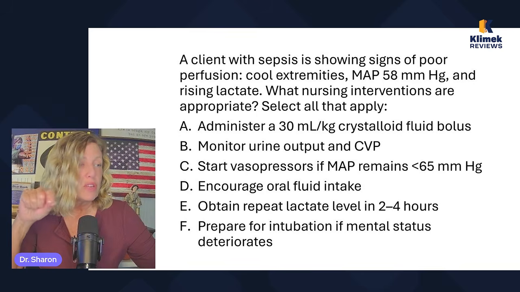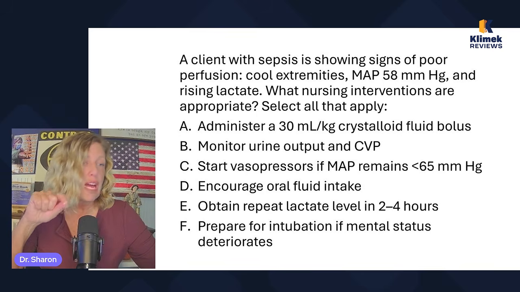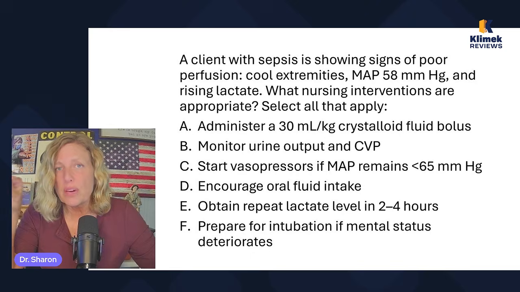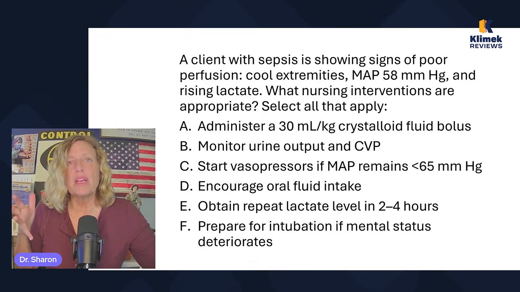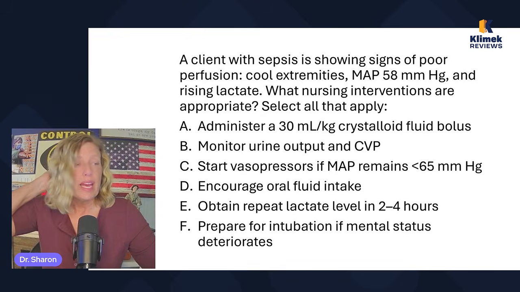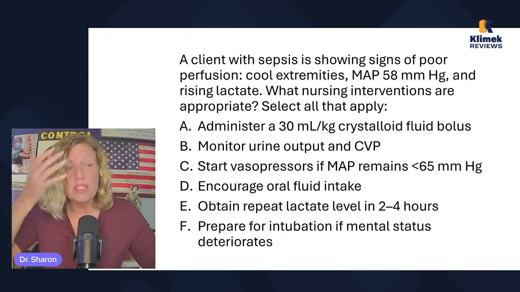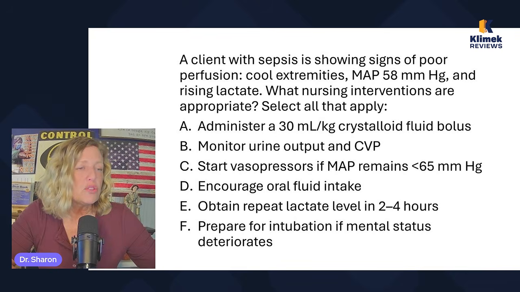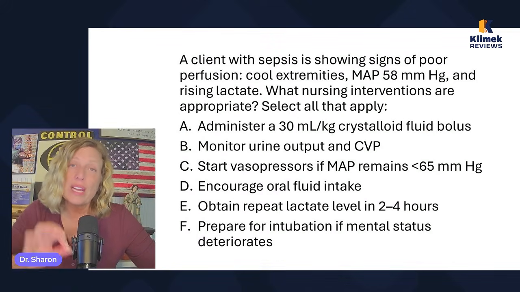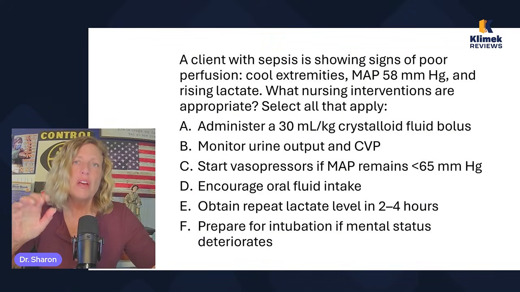For a person going into septic shock, we want to monitor urine output and central venous pressure. Central venous pressure tells us something about perfusion and volume, just like MAP does. So yes, I can do those two things. Those are good ideas. For a patient going into septic shock, I'd want to start vasopressors if the MAP remains less than 65. If you don't know what vasopressors are, I talked about this in the last video as well, and I have some shock videos you can watch.